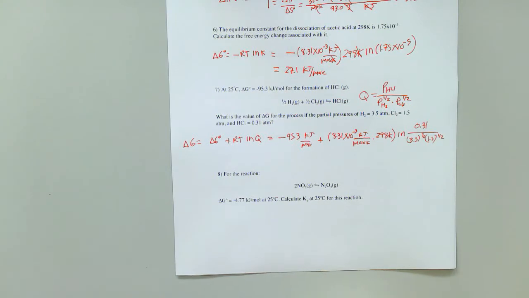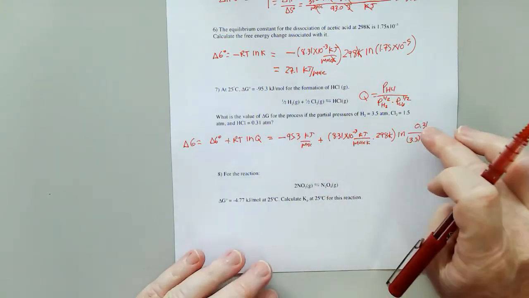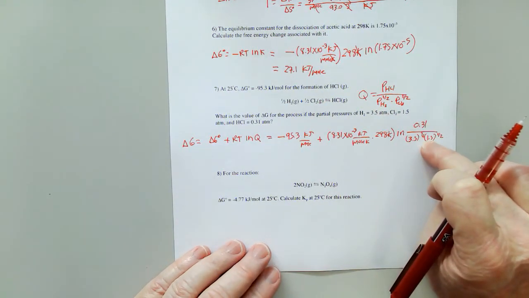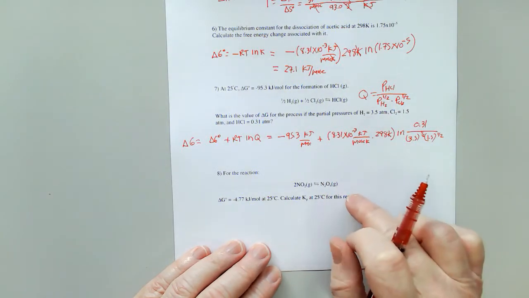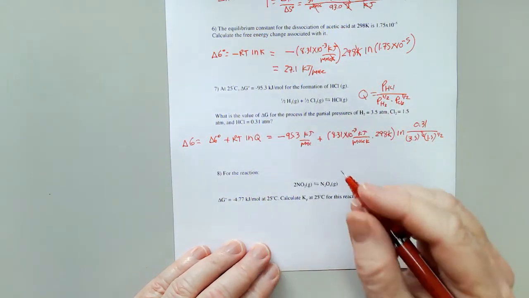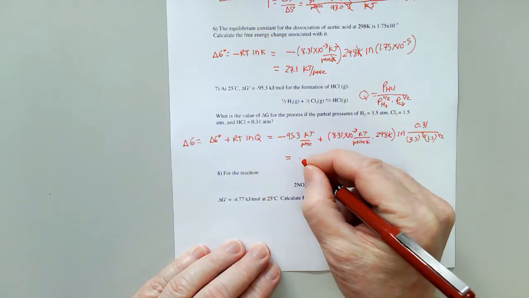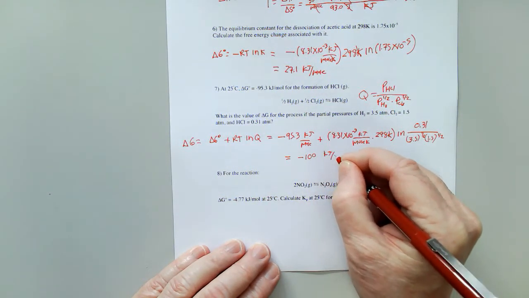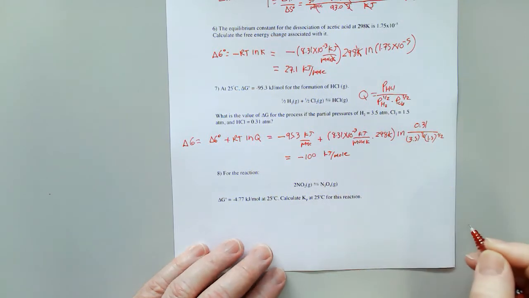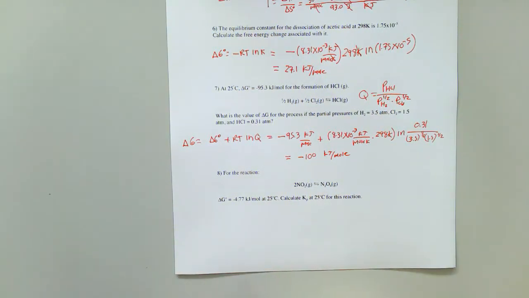Now, giving you a little bit of a hint or a clue here, on calculator work, I'd go backwards. I'd find Q, I'd take the natural log, then multiply them times that, and then add that on. And when you do, this equals negative 100 kilojoules per mole. All right. Good question.